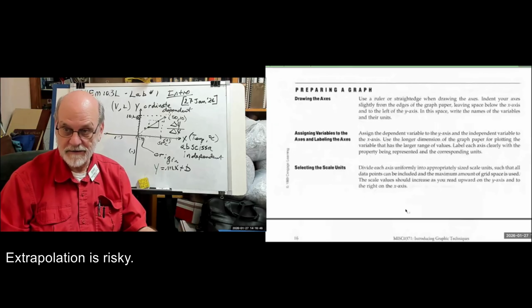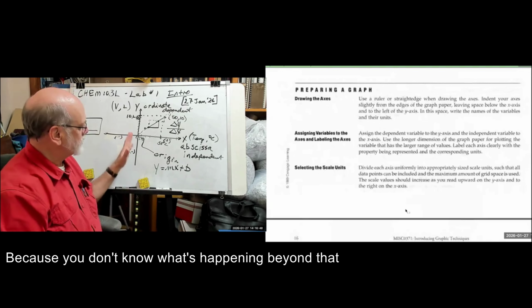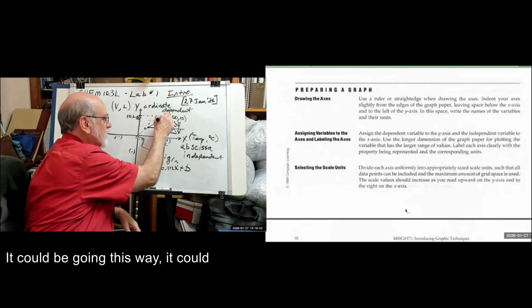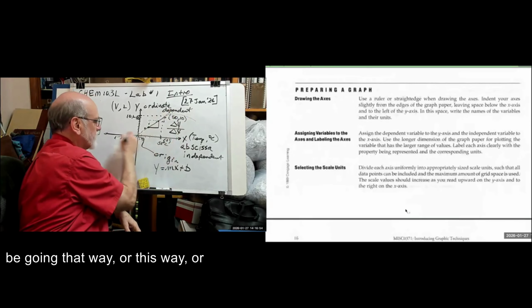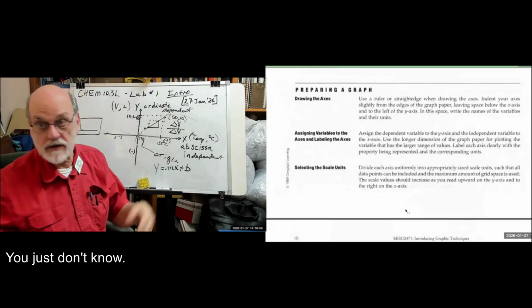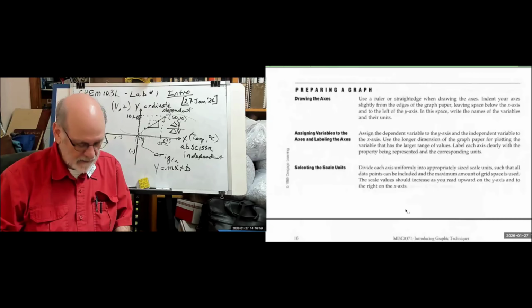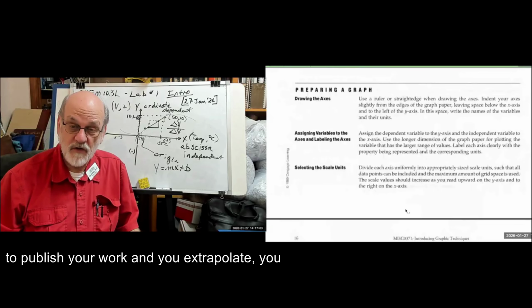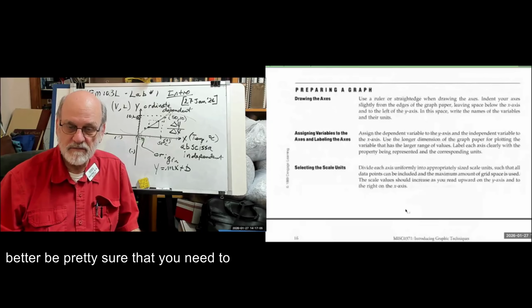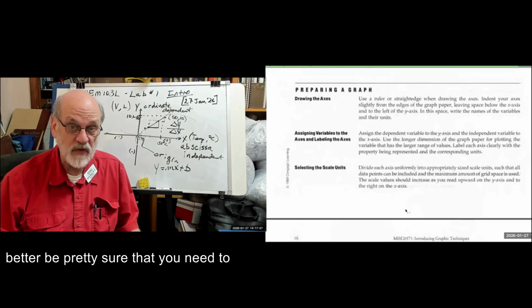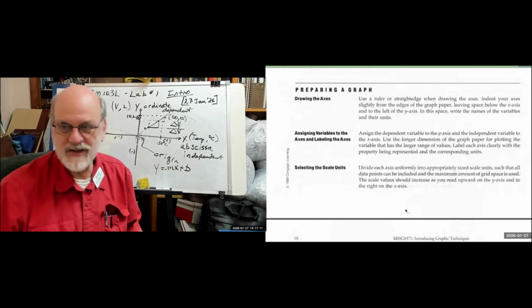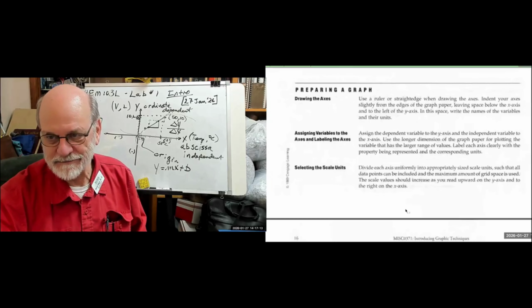Extrapolation is risky because you don't know what's happening beyond that last point. It could be going this way, it could be going that way, or this way, or that way. You just don't know. So you have to specify if you're going to publish your work and you extrapolate, you better be pretty sure that you need to do that. Otherwise, the reviewers are going to hammer you and you may not even get your paper published.